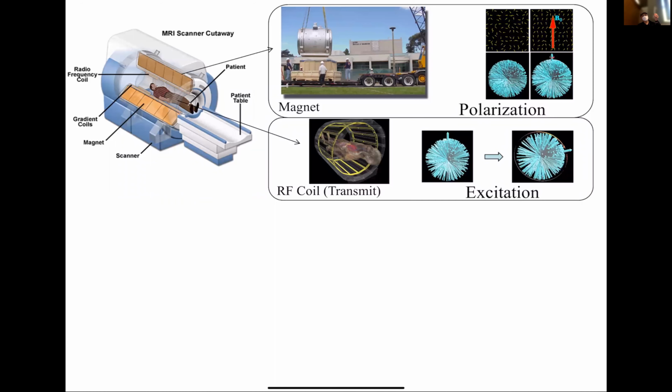So we've created this net polarization, right? And the excitation is taking that away from its equilibrium point and giving it some energy, so it excites it away, and then this magnetization is going to precess around. It turns out that precession is really important because this now creates a time-varying magnetic field.